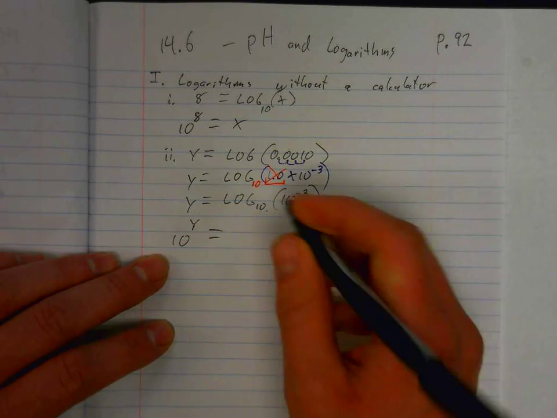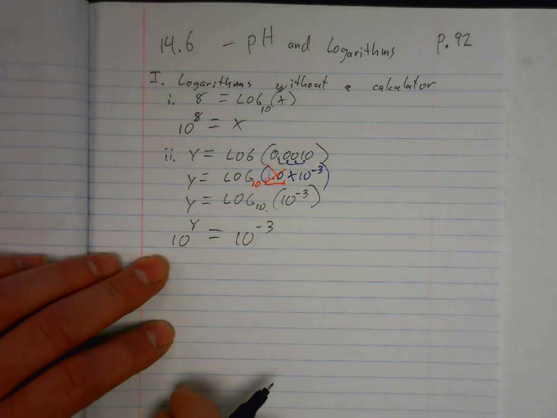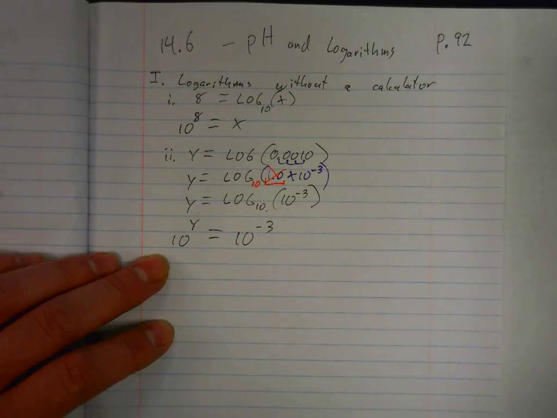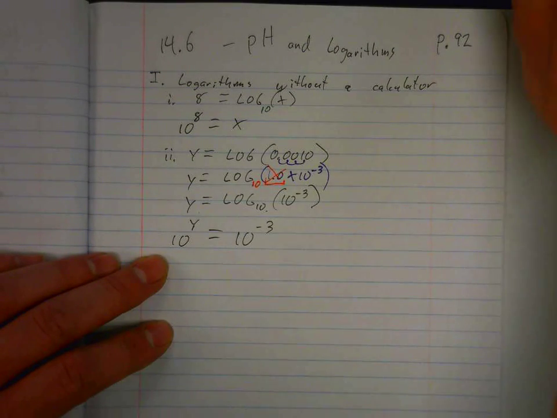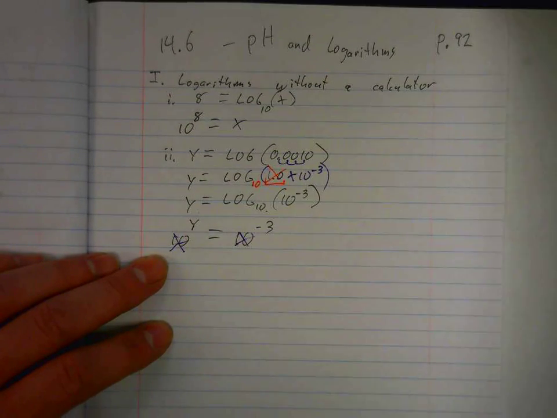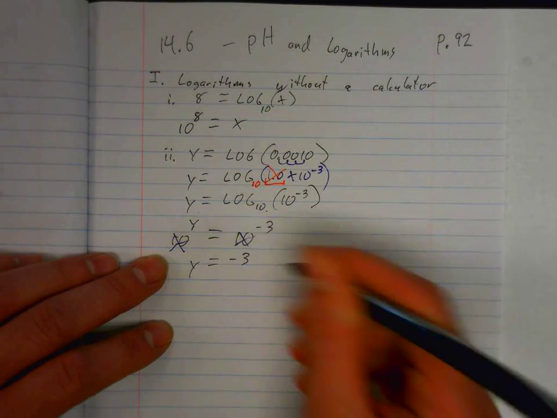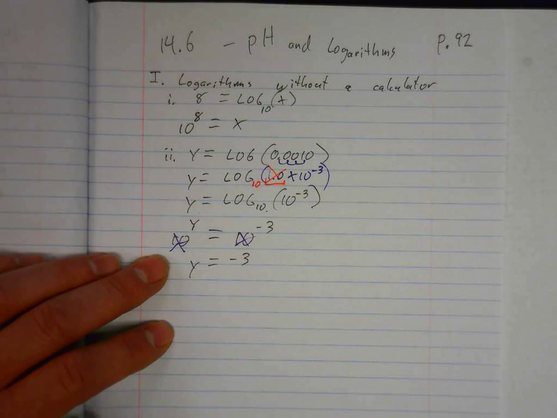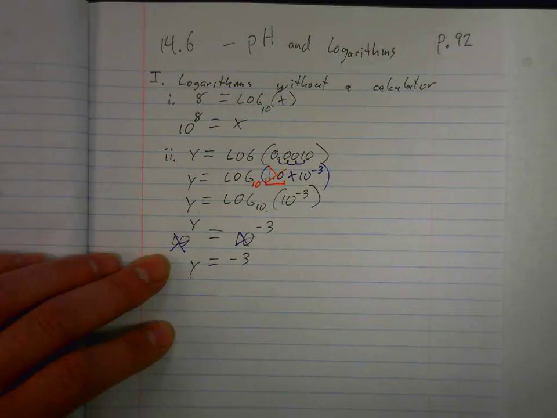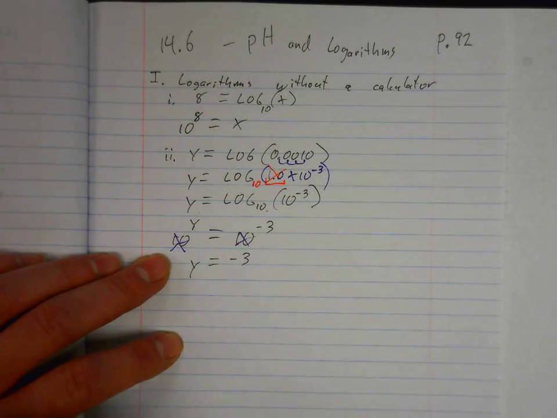Now we have bases that are the same, the 10 and the 10 cross out, and we're left with y equals negative 3. Notice that negative 3 was the exponent way back here.